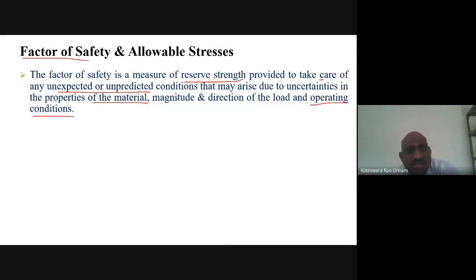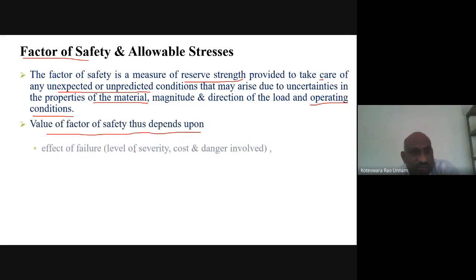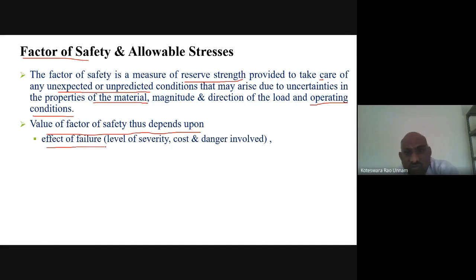All design engineers will follow a factor of safety; the only thing is what the value of the factor of safety is, and that depends upon the conditions. The value of the factor of safety depends upon, first, the effect of failure. That means if failure happens, what is the level of severity of that failure? What is the cost or danger involved in the failure?